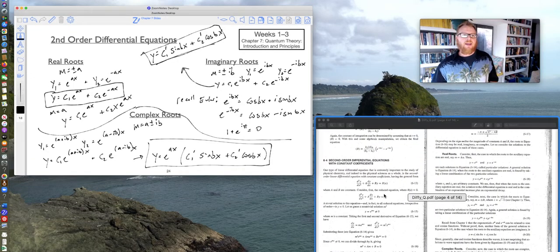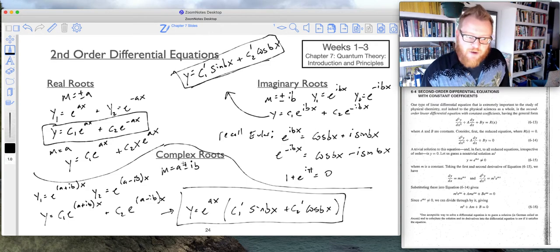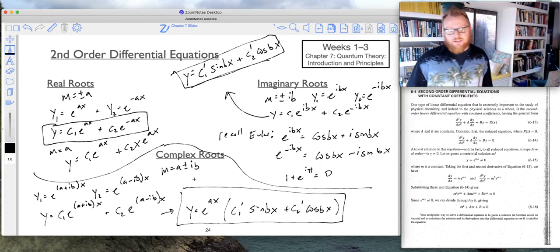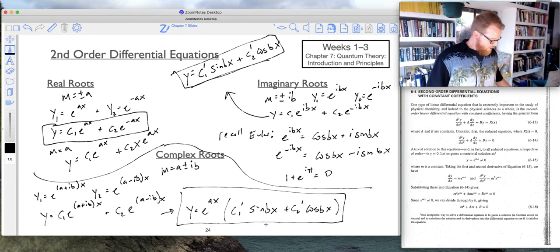If we get an imaginary root, so the solution to my quadratic is plus or minus ib, just go directly to this: sine bx plus cosine bx with some arbitrary constants in front. And finally, if we solve the quadratic and we get complex roots, m equals a plus or minus ib, we can go directly to that solution right there.